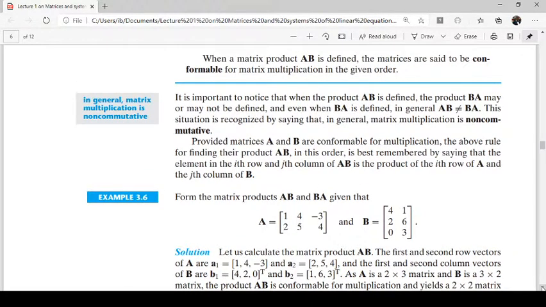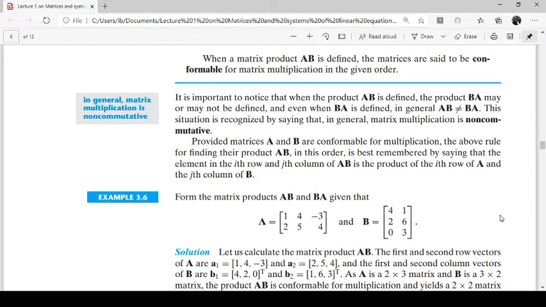When we have equations, we ask ourselves about the variables we are introducing: does it commute? Is it commutative? Those are things that guide us when we are using matrices.